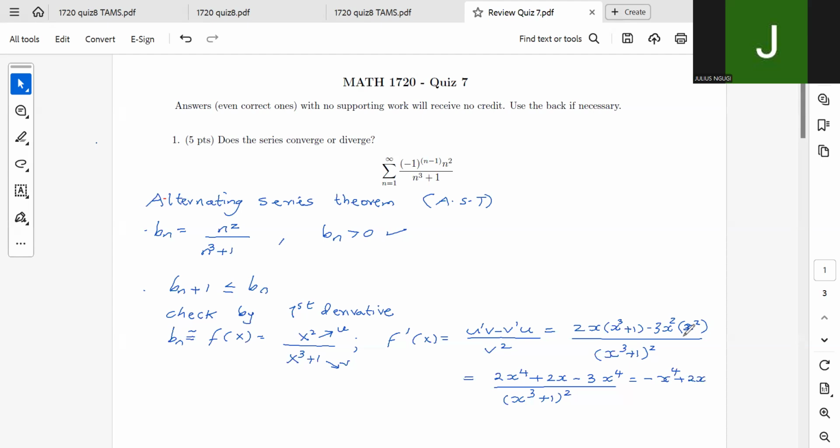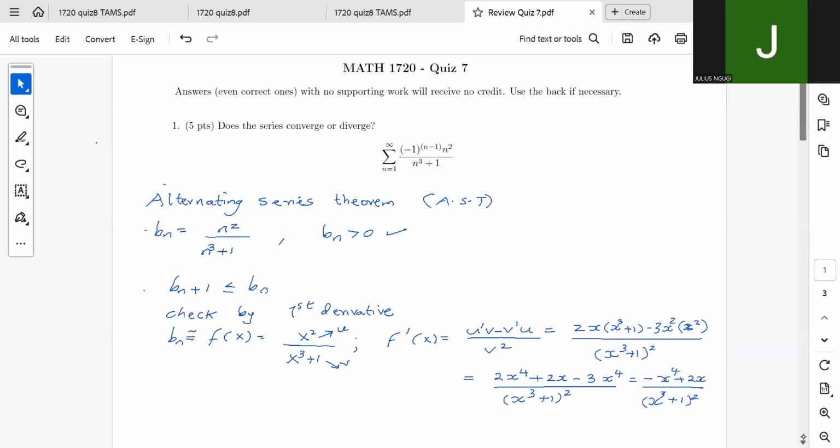The highest degree is 4, and the denominator is x cubed plus 1 squared. The fact that I have a minus in front of the highest power of x means this function is a decreasing function, and you can check by substituting any value of x, say 2, 3, or 4, whether this function is decreasing. So with that, we check that condition.